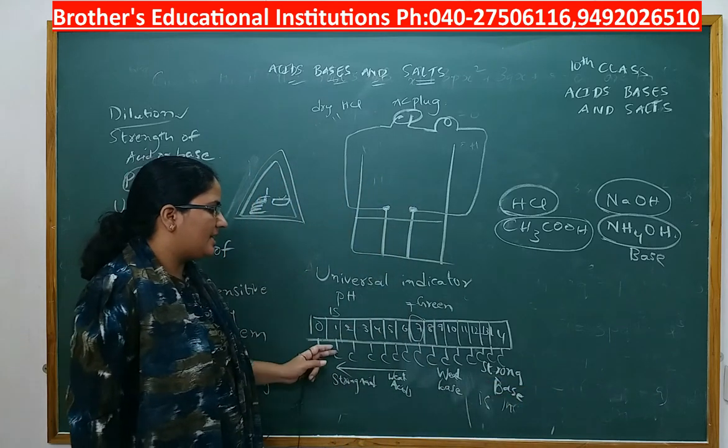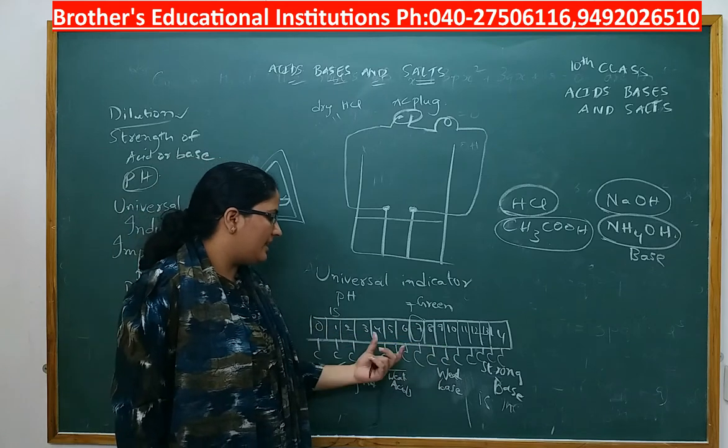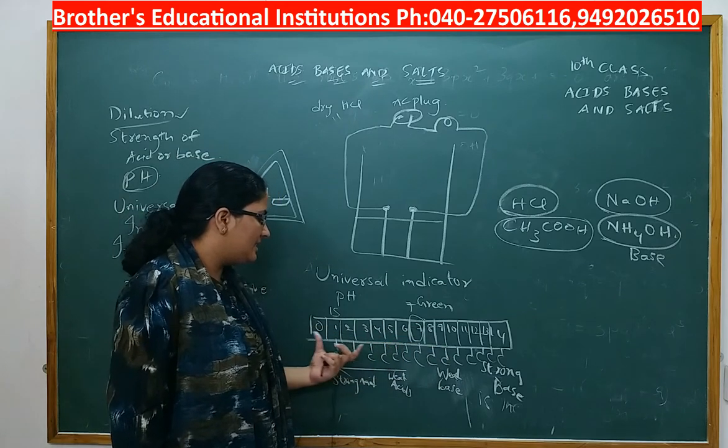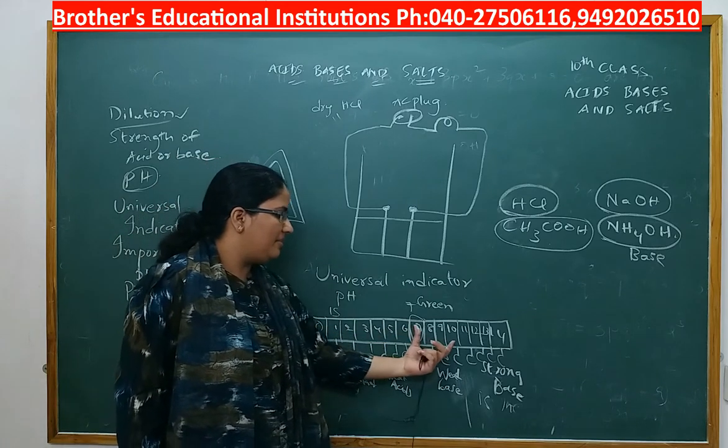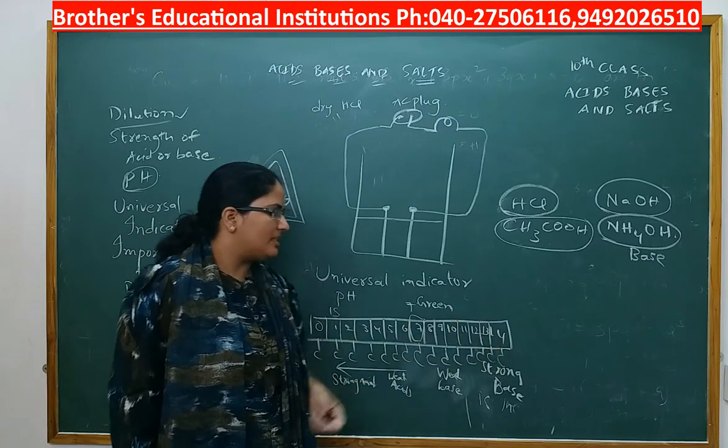Values below 7 are acids, values above 7 are bases. Below 7 we have weak acids and strong acids, and above 7 we have weak bases and strong bases.